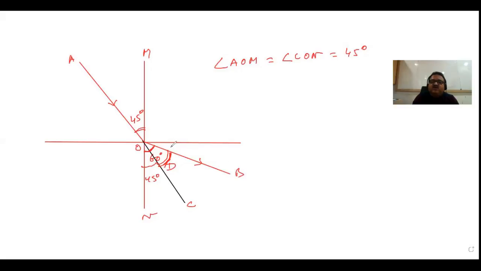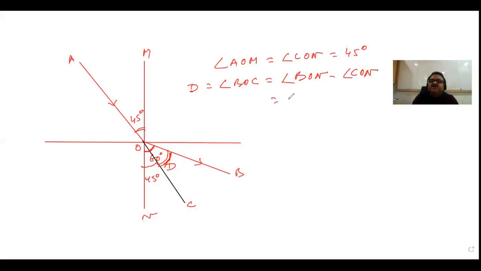But we have to find BOC. Angle BOC is the angle of deviation D. Clear? And that is equal to, watch carefully, angle BON minus angle CON.